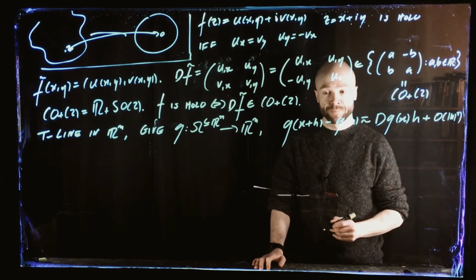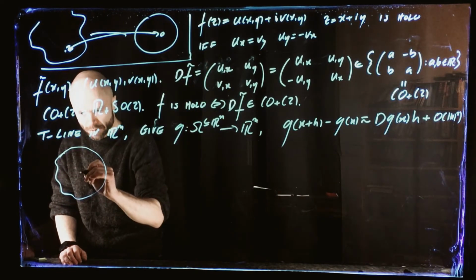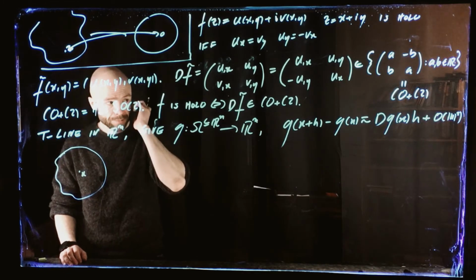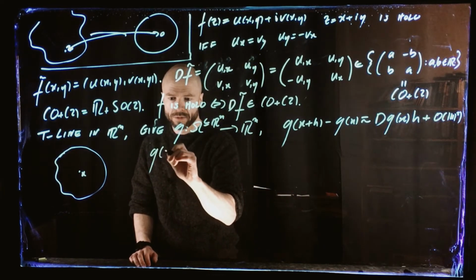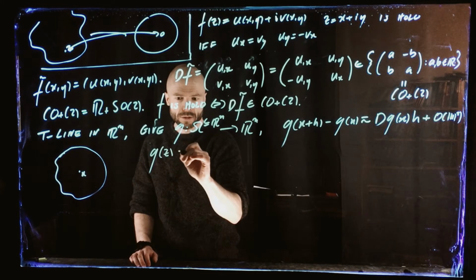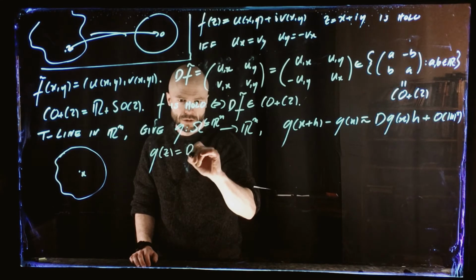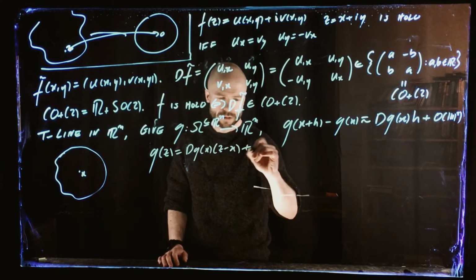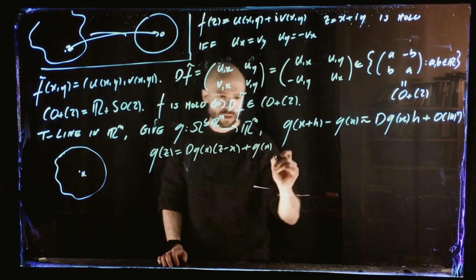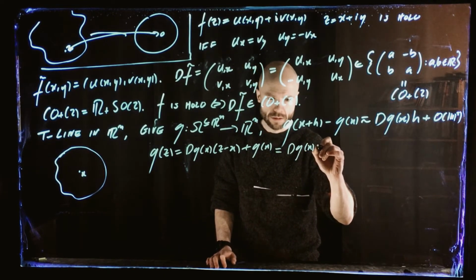So if you have your point x here, we can rewrite this as G of x plus h approximately equal to G of x plus the gradient times h, and this is an affine mapping. We can write it like this if you want.